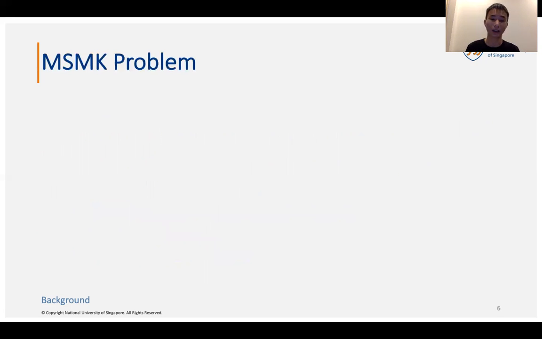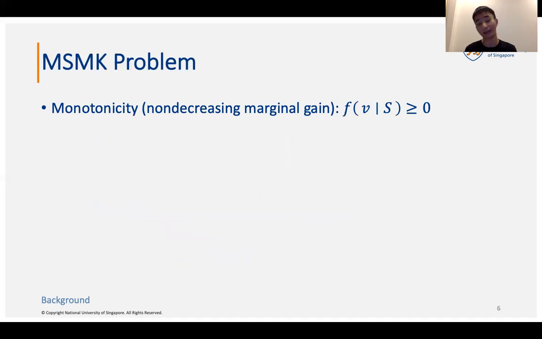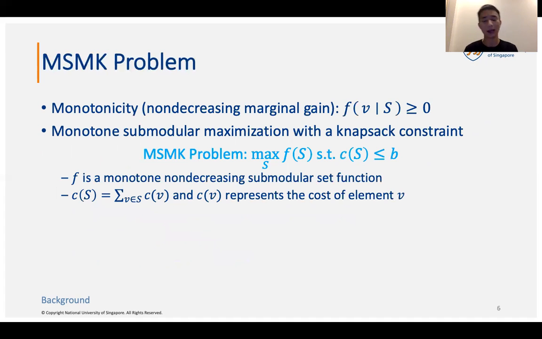In this work, we look at the MSK problem. We consider a monotone function, which means that adding an element always increases the objective function. Monotone submodular maximization with the Knapsack constraint aims to maximize a monotone submodular function subject to cost within budget.